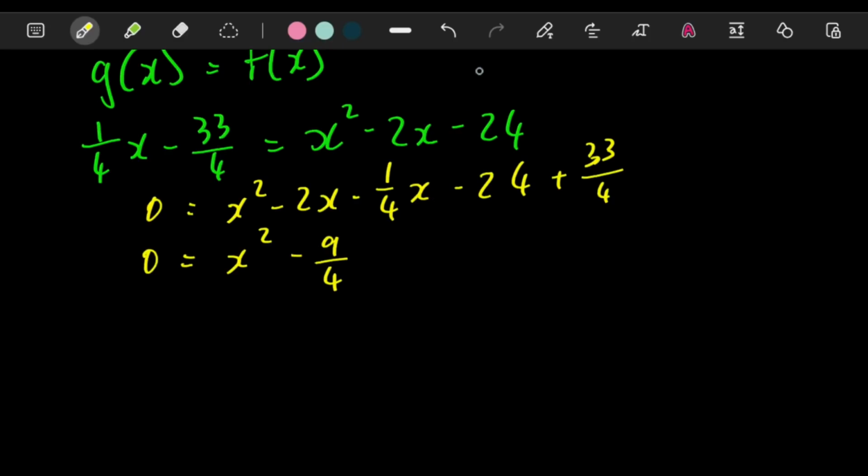So then here, negative 24 plus 33 over 4. What is that going to give you? That's negative 63 over 4. Okay, so let's just use the quadratic formula here.